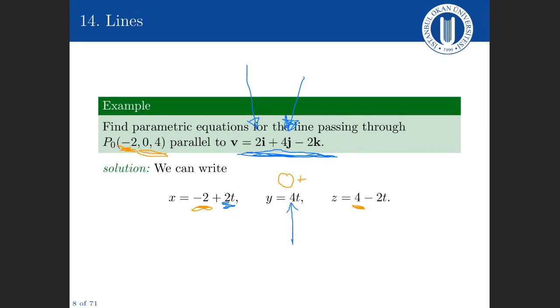So in the equation for y, we must have plus 4t. And finally, the vector v also has minus 2k. So the z equation must include minus 2t. Put this all together. X must be -2 plus 2t, y must be 4t, and z must be 4 minus 2t.